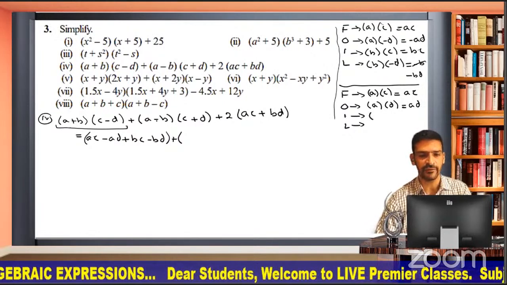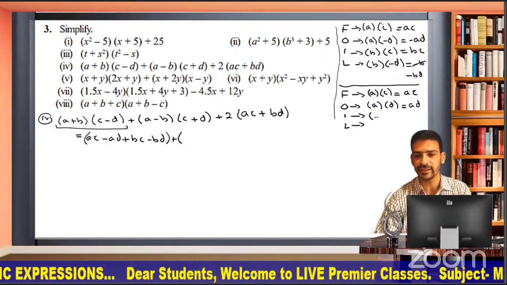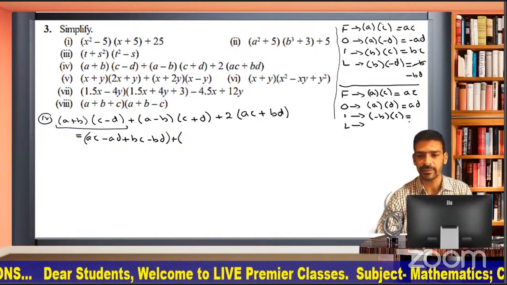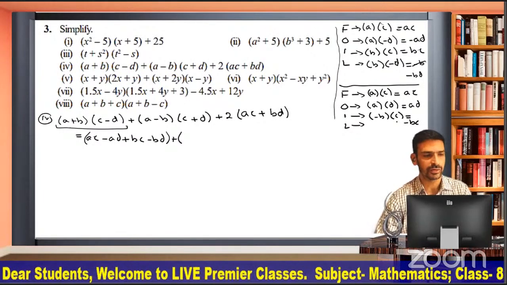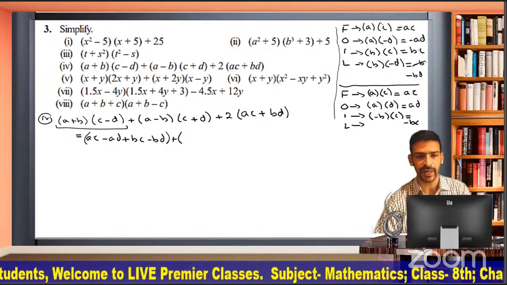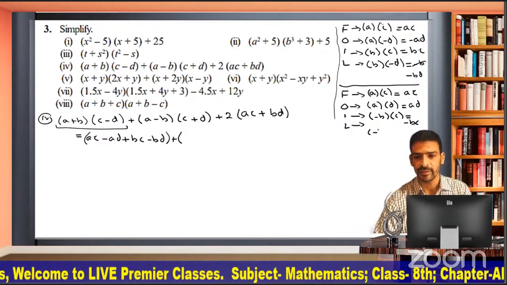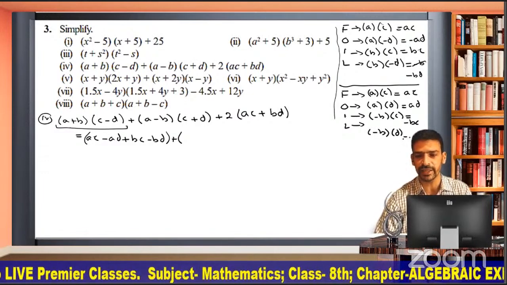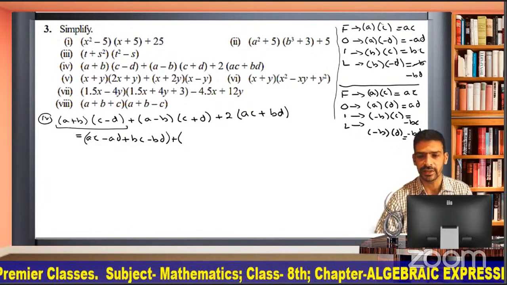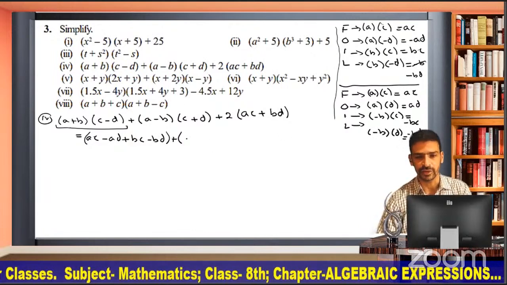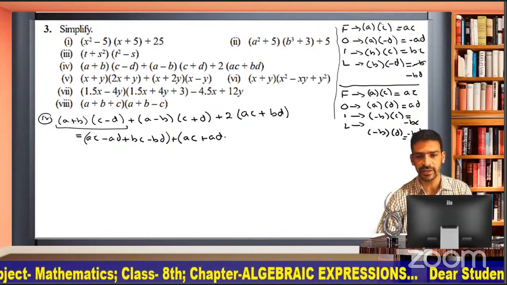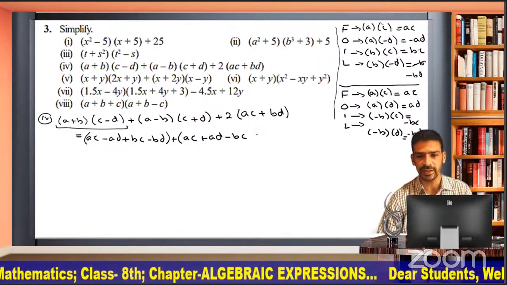Inner terms we have minus B and C. That is minus BC. Last terms we have minus B and D. That turns out to be minus BD. ठीक है? I write these four terms here. It is AC plus AD minus BC minus BD.